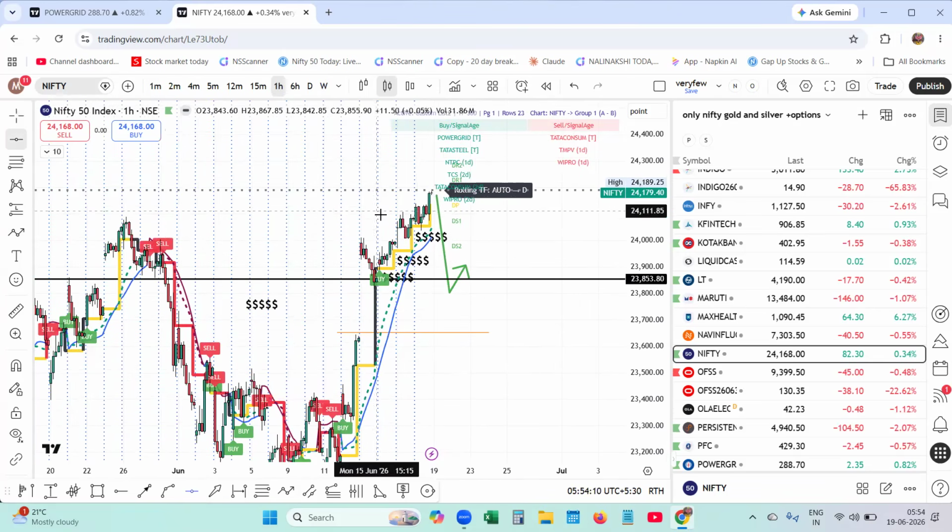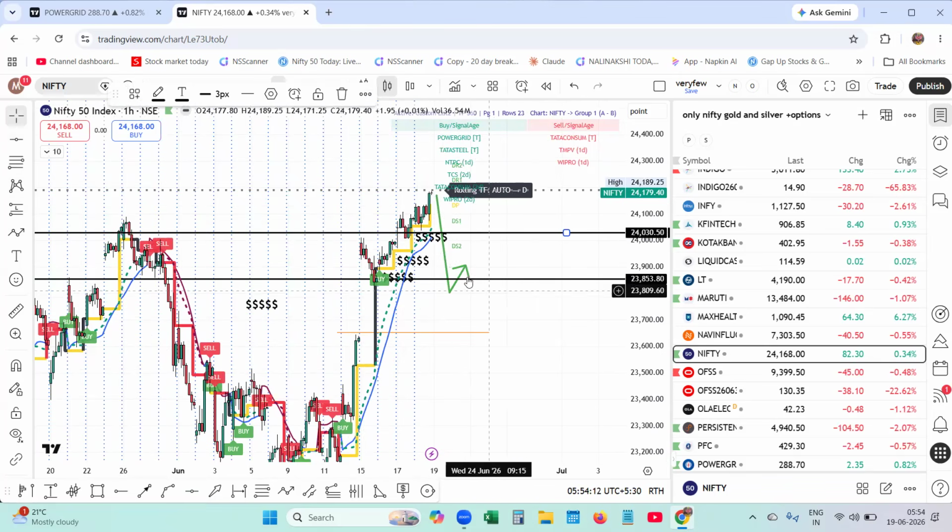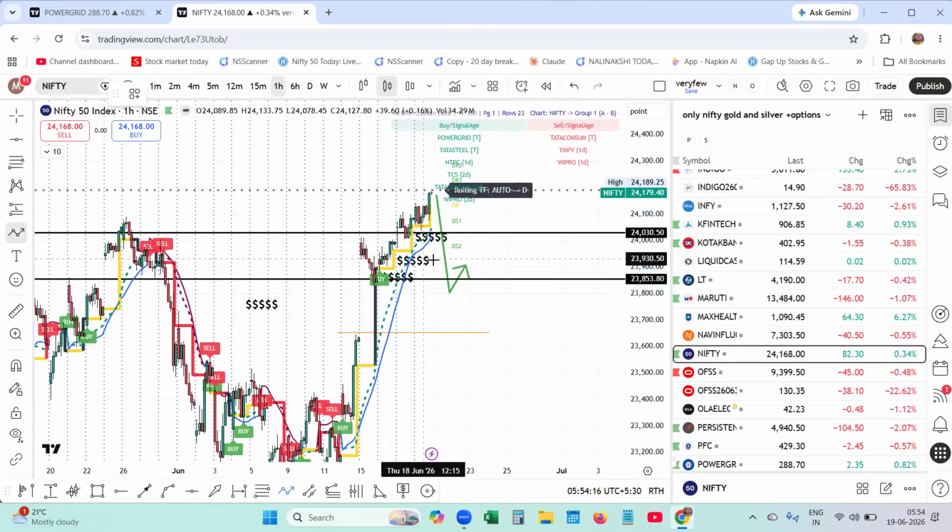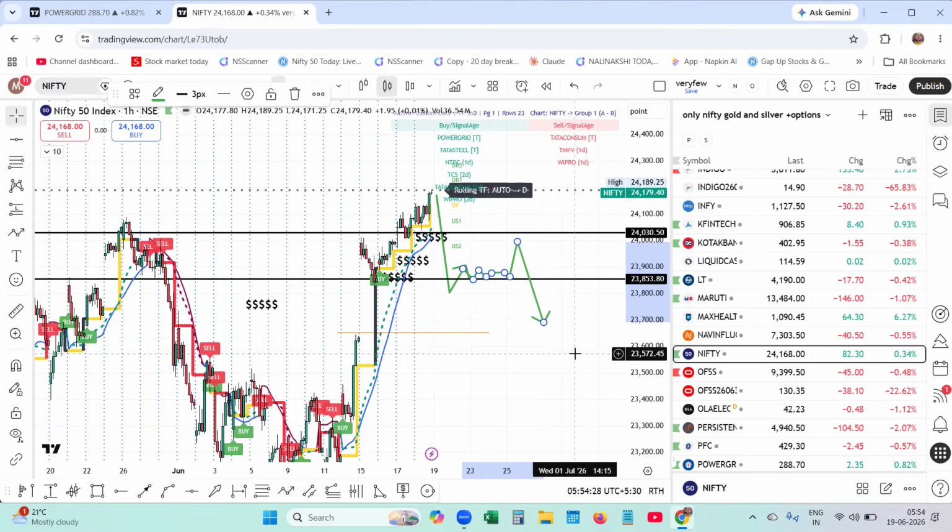It may rally up to this area. It may go like this, go sideways. Let me pick up the tool. Like this for hours, and then a reversal can come or direction may start in the downside to fill the gap. Market can do this.